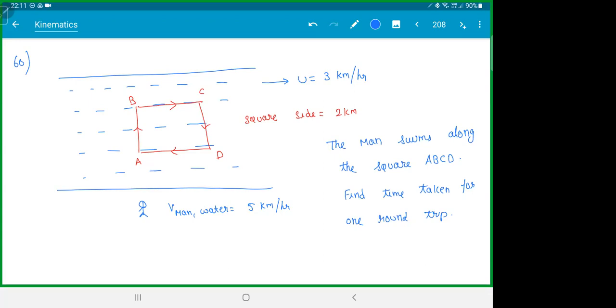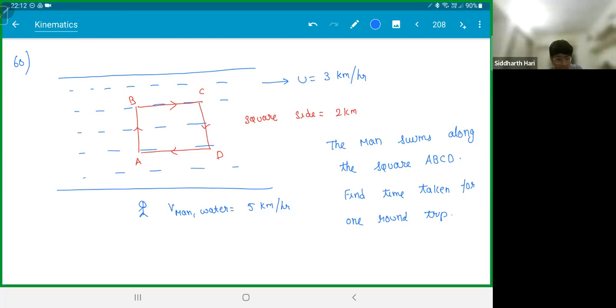Hope you realized it. 41/20, 9/4, 2.4, 2.33.